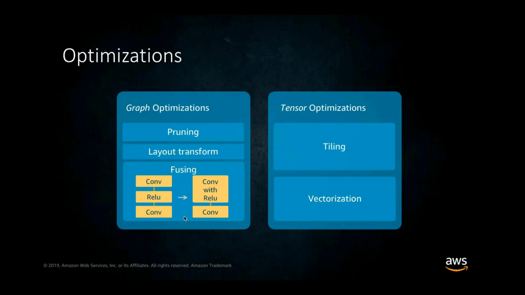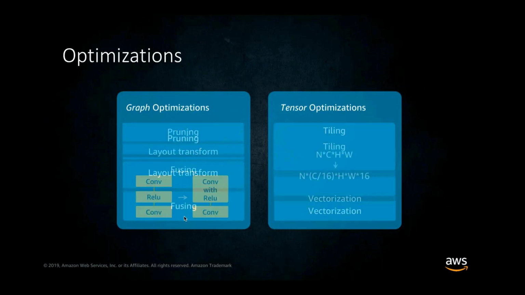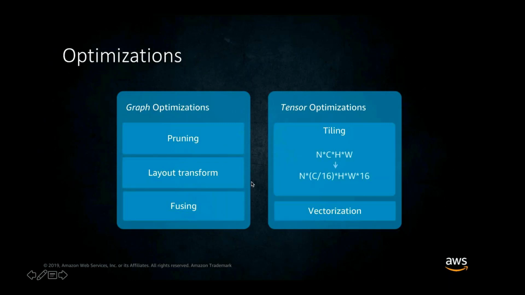Then SageMaker Neo takes also the input size into account, and based on the data input size, it can then determine the size of the tensors in our computational graph. And it will perform optimizations like tiling that basically will improve the spatial and temporal access patterns.